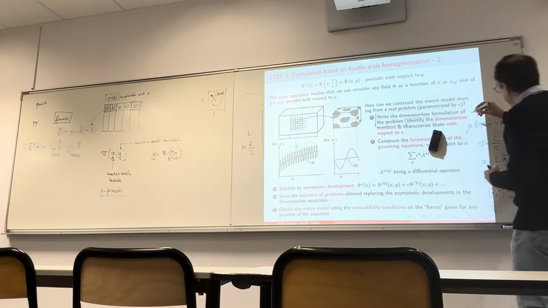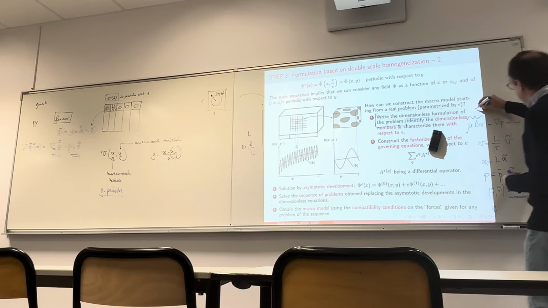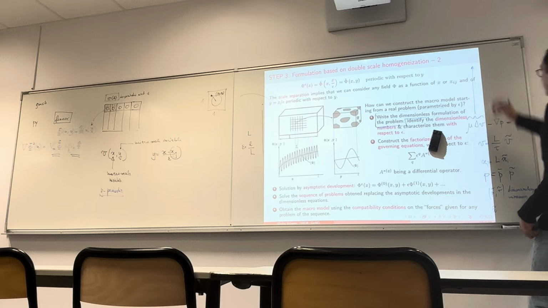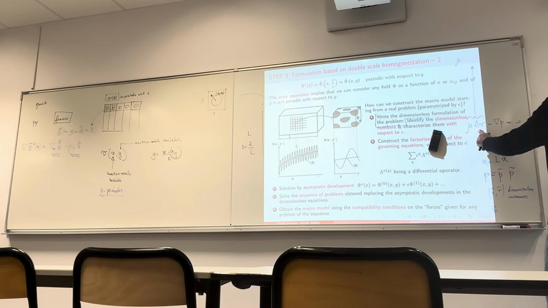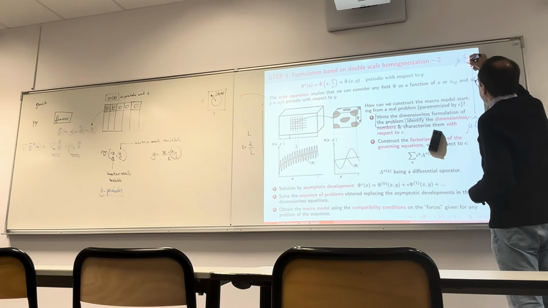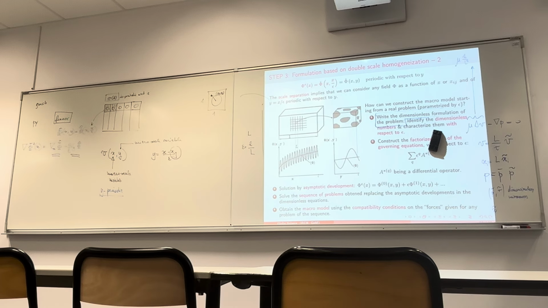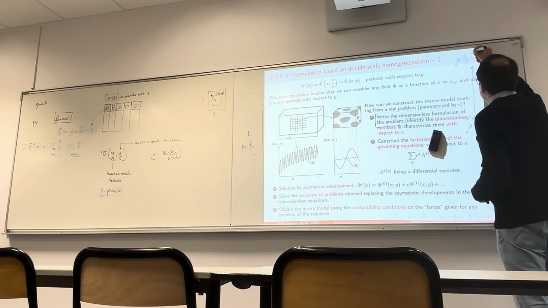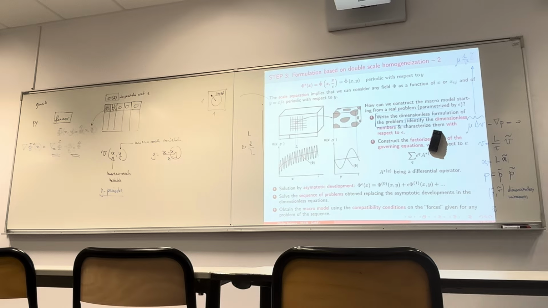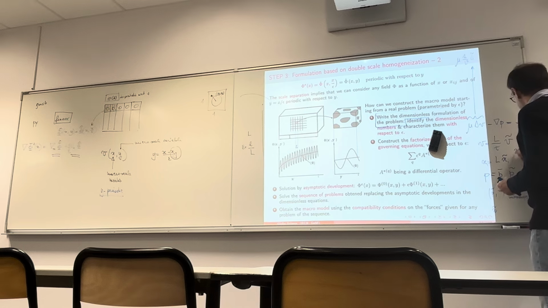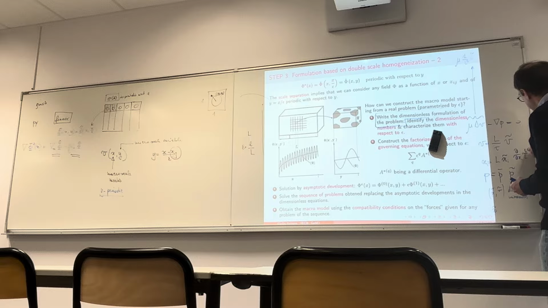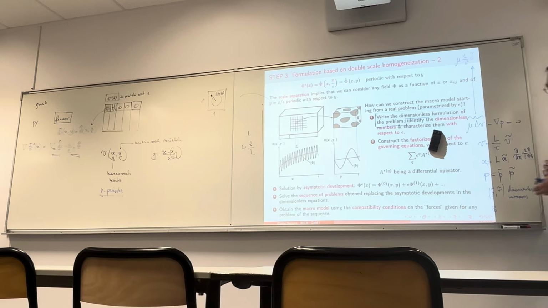You have at the place of mu Laplacian of V, what do we have? We have mu. The Laplacian will produce a 1 by L squared, no? Because it's a second derivative. Then you will have the Laplacian tilde. So what I'm saying is that the three coordinates x are rescaled by L. And so every derivative, when I have d by dx_i, this will be 1 by L d by dx_i tilde.